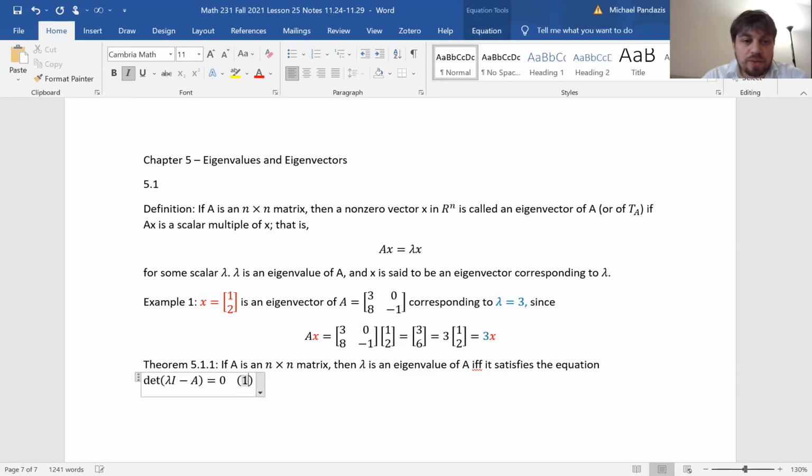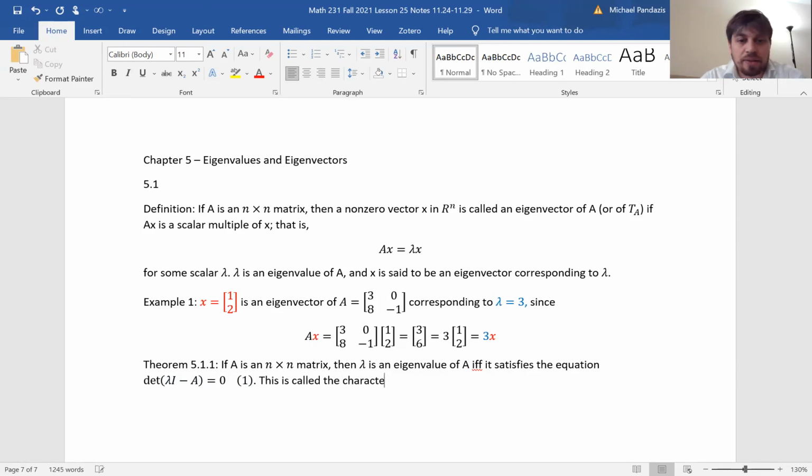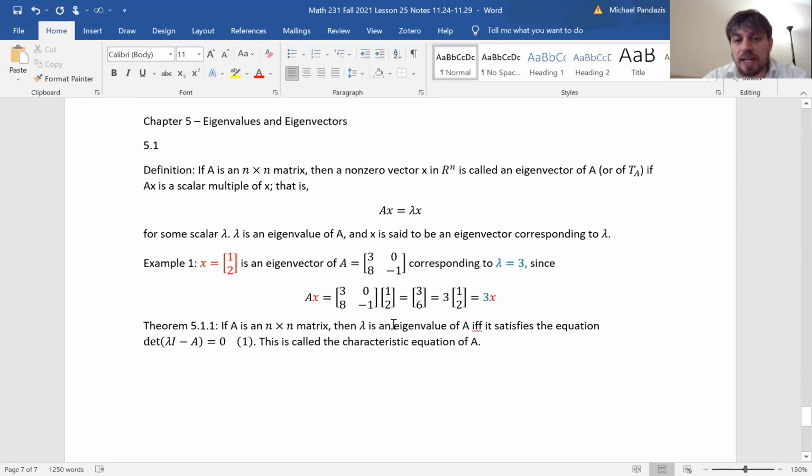This is equation 1 in this section. This is called the characteristic equation of A. So if A is n by n, lambda is an eigenvalue of A if and only if it satisfies this equation, and this is called the characteristic equation of the matrix A.